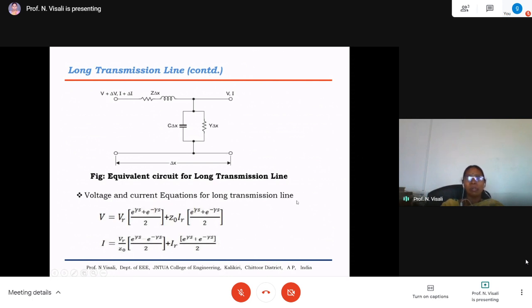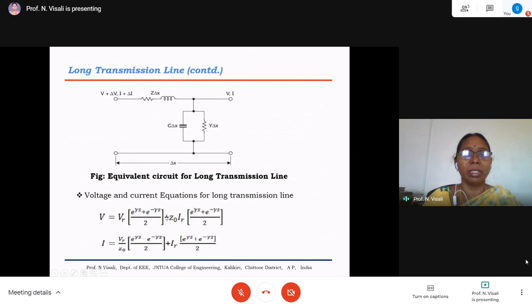The voltage and current equations for a long transmission line are V equals VR into e to the gamma S plus e to the minus gamma S, by 2. I am not going to explain the derivations of these equations here; these are the equations.